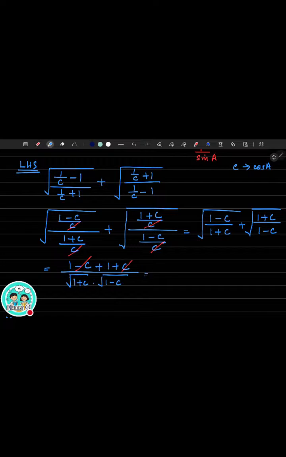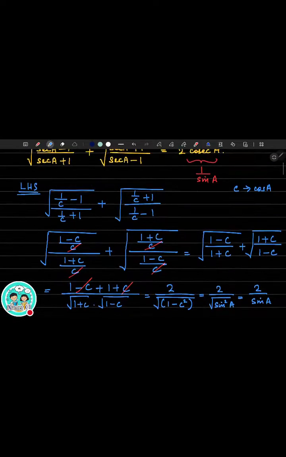What you are left with in the numerator is just 2, divided by root of a plus b into a minus b, which is a square minus b square. So 1 minus cos square. This is nothing but 2 divided by root of 1 minus cos square, which is sin square A. This is nothing but 2 divided by sin A.